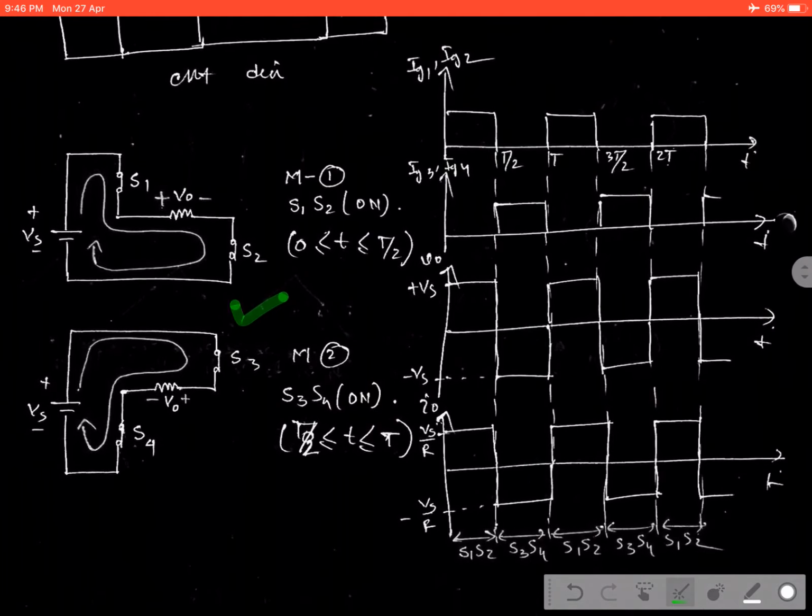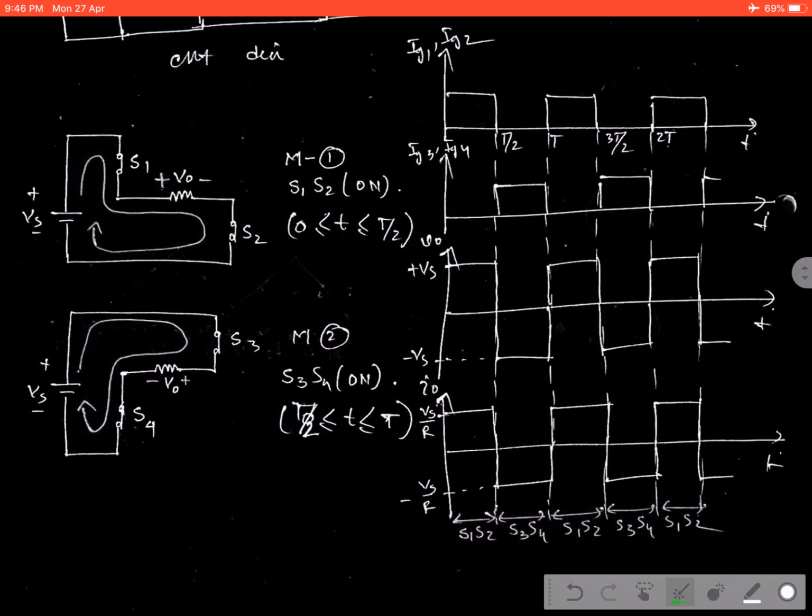Now, by considering these two mode operations, we can form the waveforms of output voltage and output current. When S1 S2 starts conducting, then current is flowing through this path. In this case, the polarity of the output voltage is, this is positive and this one is negative.